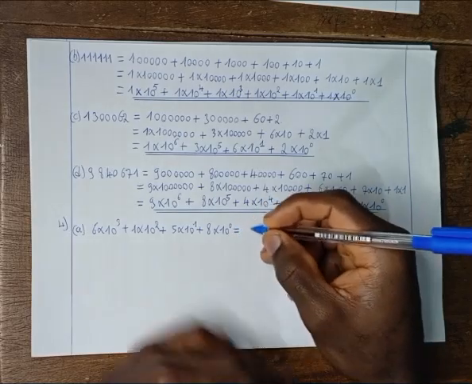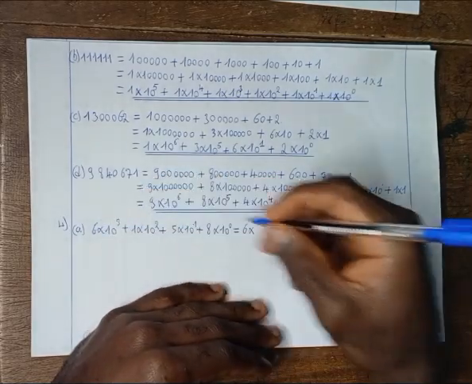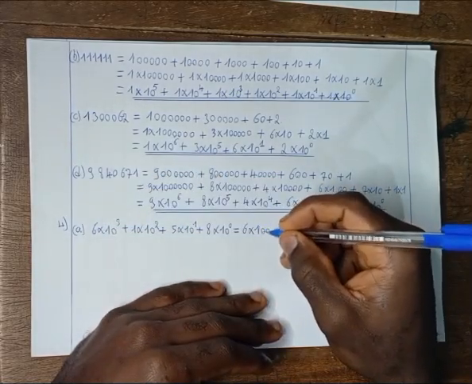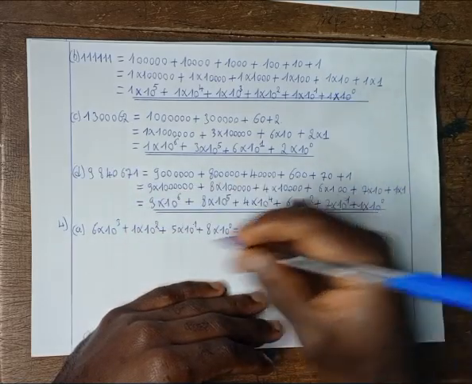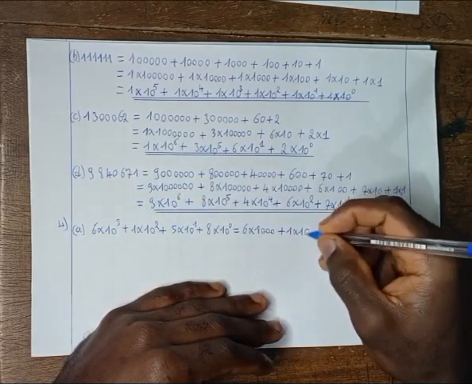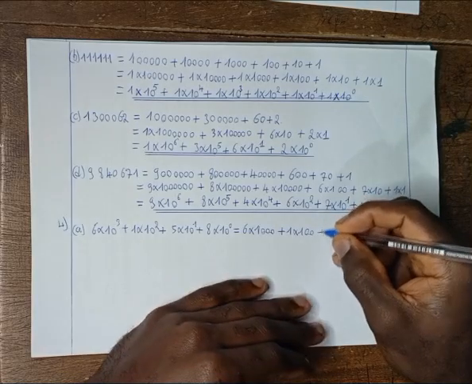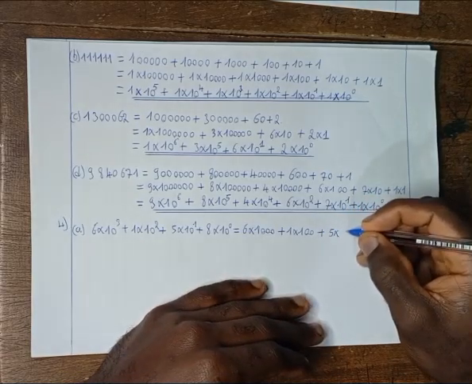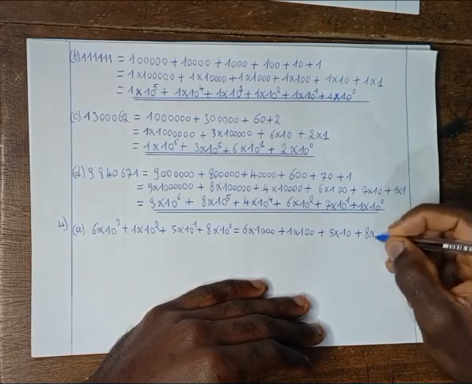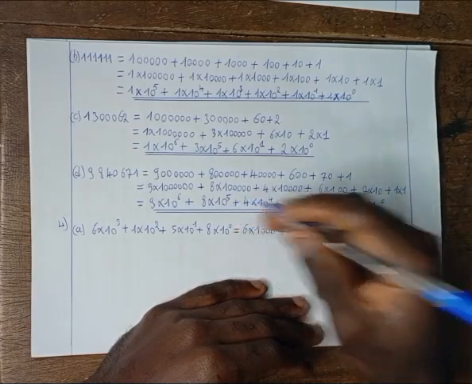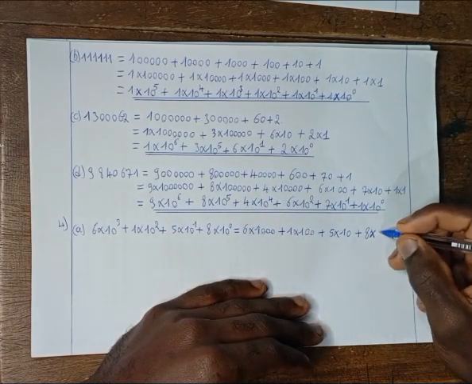We know this will simply be equal to 6 times 10 to the power 3 is simply a 1 with 3 zeros, 1000, plus 1 times 10 to the power 2 is simply 1 with 2 zeros, 100, plus 5 times 10 to the power 1, a 1 with 1 zero, plus 8 times 10 to the power 0 is simply 1.